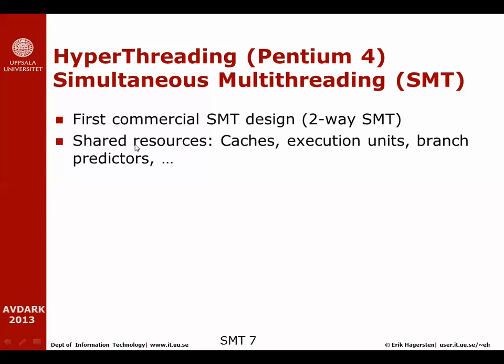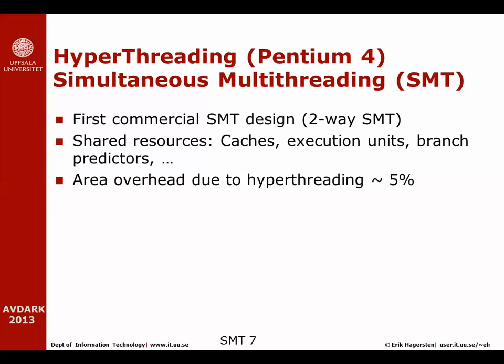It had lots of resources shared between the two threads, so caches and execution units, of course, but also things like branch predictors, and some state was just shared between the two threads, so they could sometimes interact with each other in an unfavorable way and ruin each other's branch predictor history and so on. But the idea of the first implementation of hyperthreading was to minimize the extra area needed to implement these features, because back then chip area was the limiting constraint of a design.